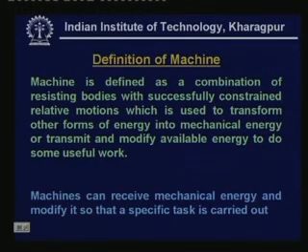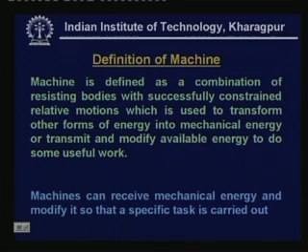So, as I have given over here is an idea of the definition of machine. A machine is defined as a combination of resisting bodies with successfully constrained relative motions, which is used to transform other forms of energy into mechanical energy or transmit and modify available energy to do some useful work.